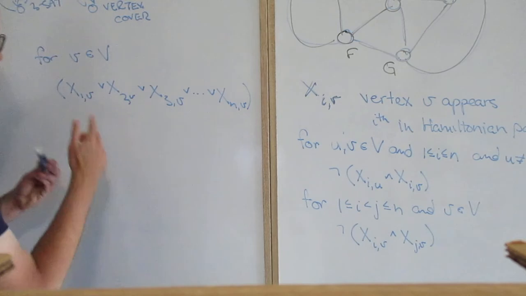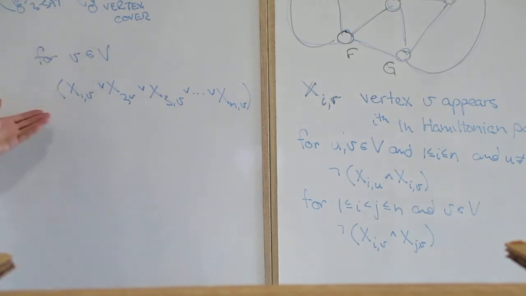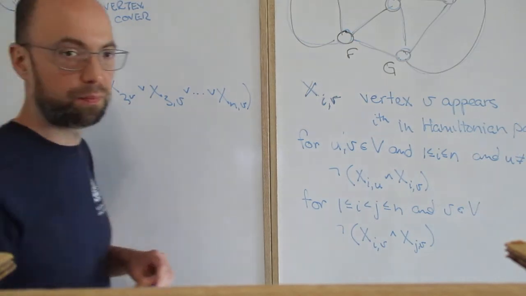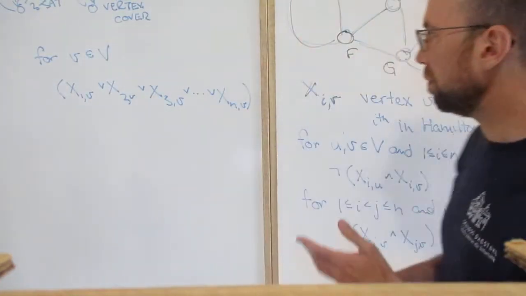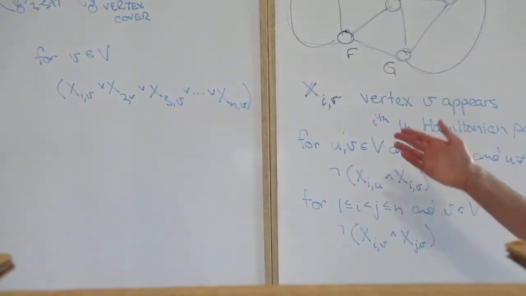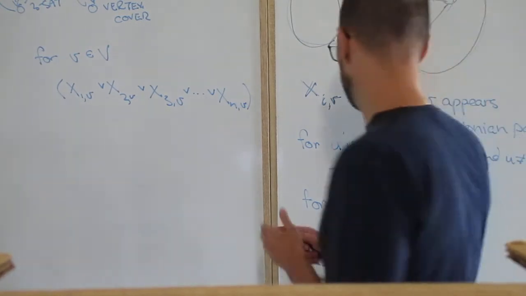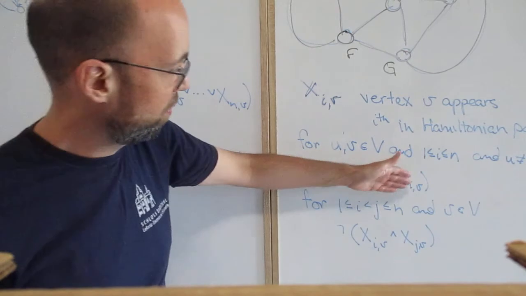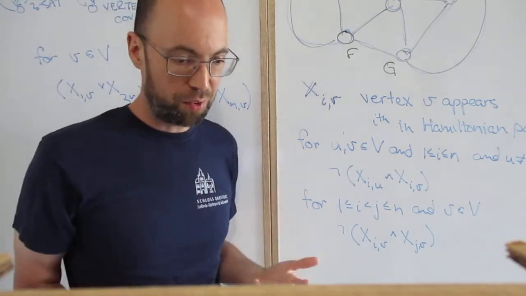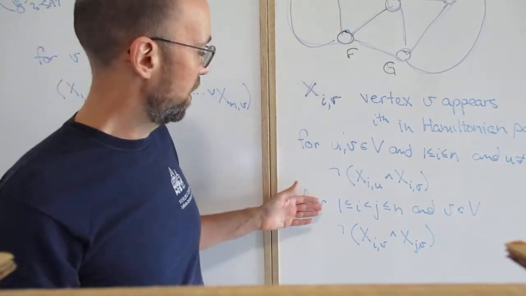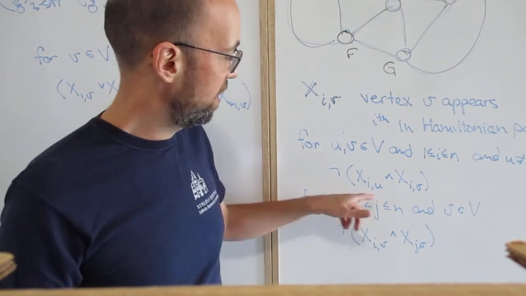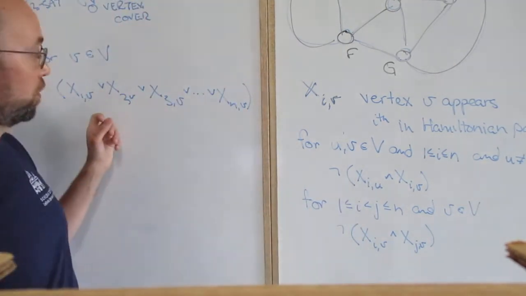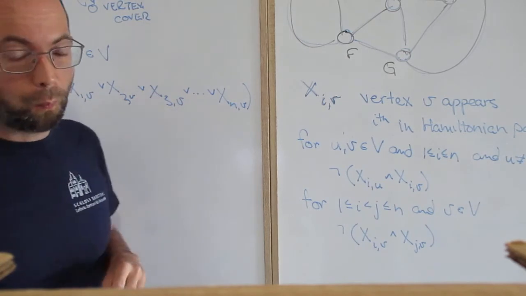So this is just saying that for all of the vertices, they appear somewhere in the path. Right? So we're saying, I should stand in front of the microphone, we're saying that for any pair of vertices, they don't occur in the same position in the path. For any i and j, no vertex appears twice. Every vertex has to appear.